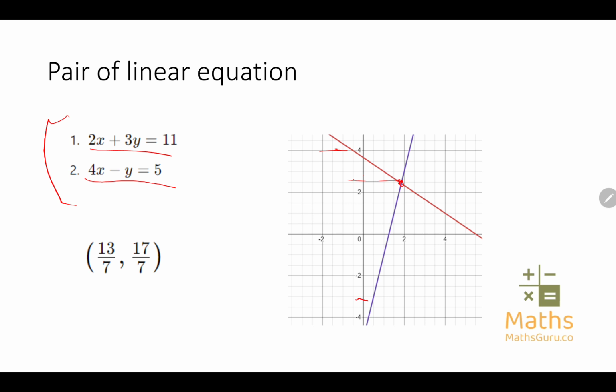They are intersecting, but it's not the case that lines will always intersect. There may be some cases where lines would be parallel, or they would be coinciding lines. So let's see the conditions for that.